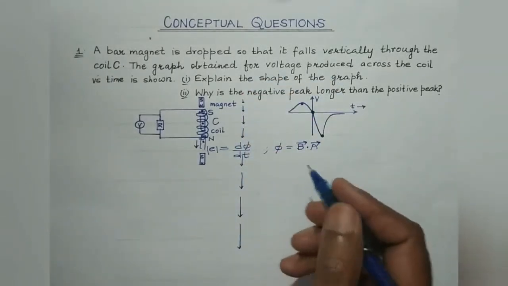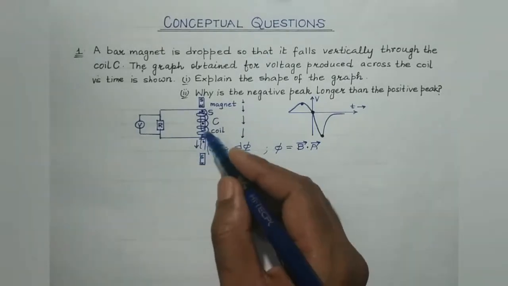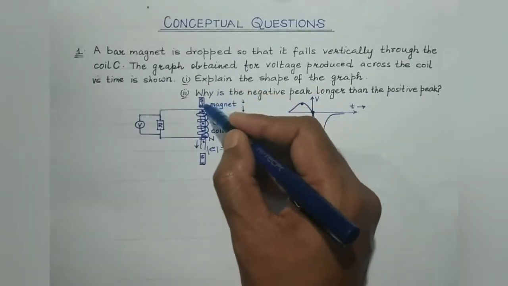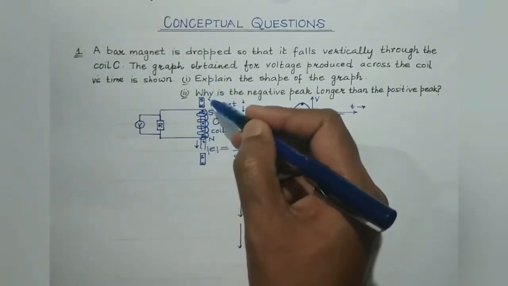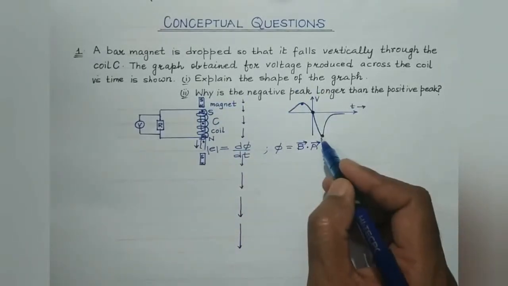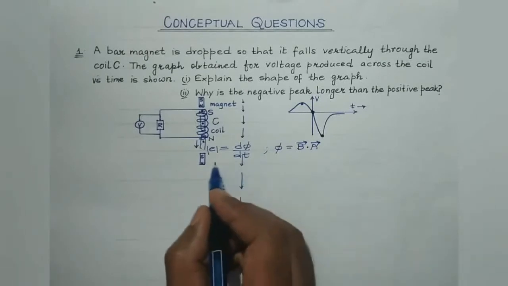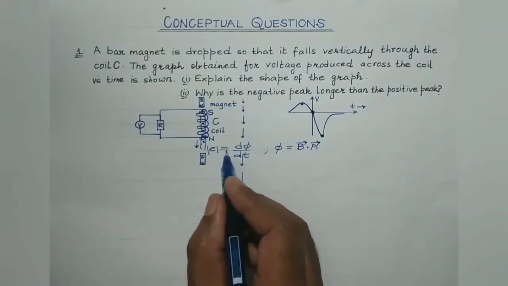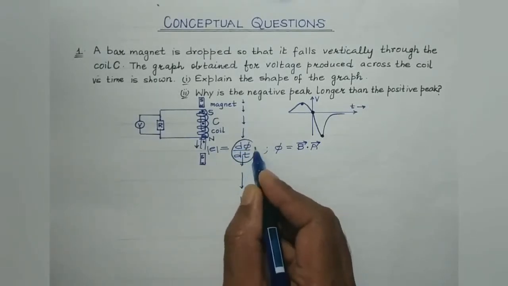So what I mean is, the relative speed of recession of the magnet from the coil is much more than the relative speed of approach of the magnet towards the coil. And this is the reason why the negative peak is longer than the positive peak. Because students, always remember, the magnitude of the induced EMF is dependent on the time rate of change in the magnetic flux.